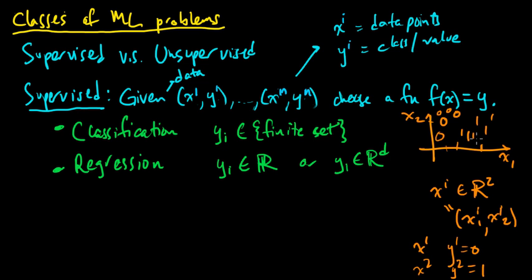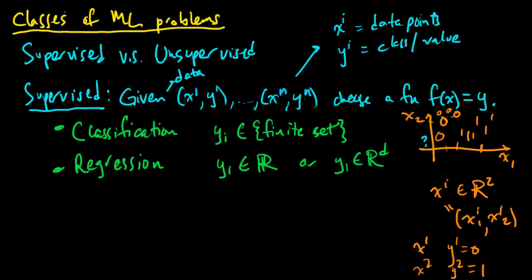Where I'm drawing the 1 is the data point, and the fact that I drew a 1 versus a 0 means that the class y associated with it was 1. Now you get this data, and you have to figure out how you're going to classify a new point. Here's a new point, where the question mark is.